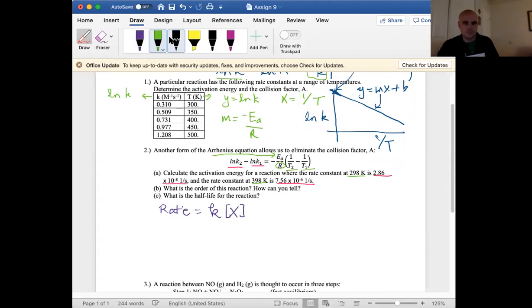I'm a big believer in looking at units. So rate is always going to be something like molar per time, right? And then the concentration is in molar units. So what's the rate constant? What's its units? It's 1/seconds, right? Because these have to be equal. Yeah. So now let's look at a second order.